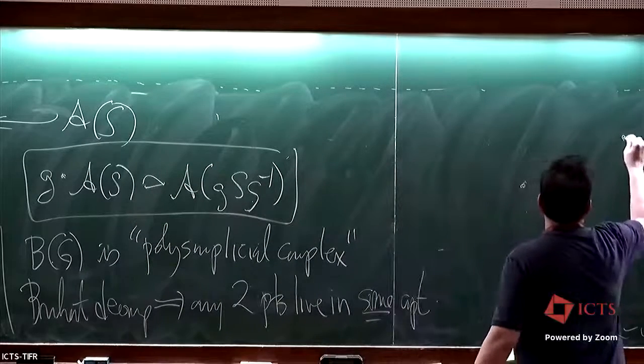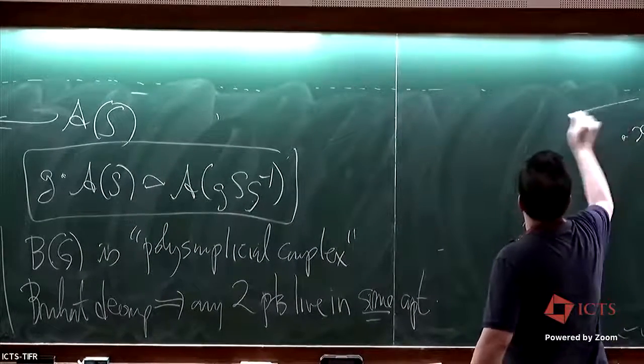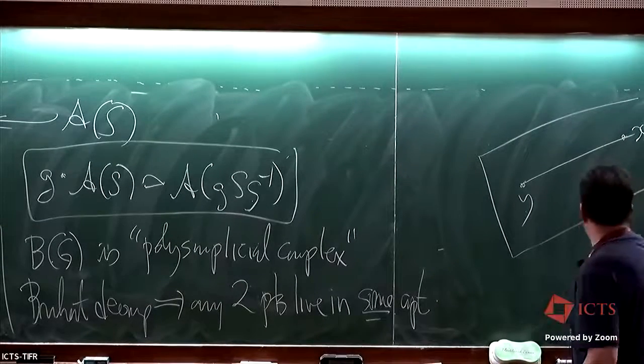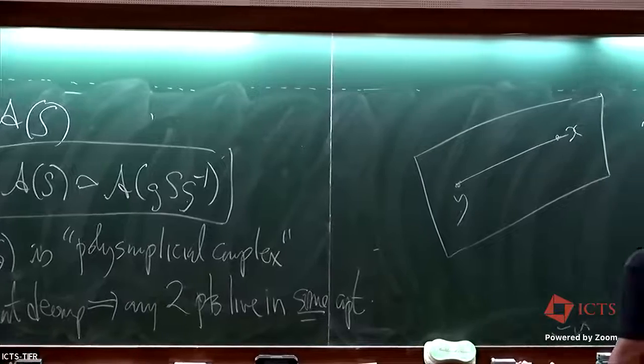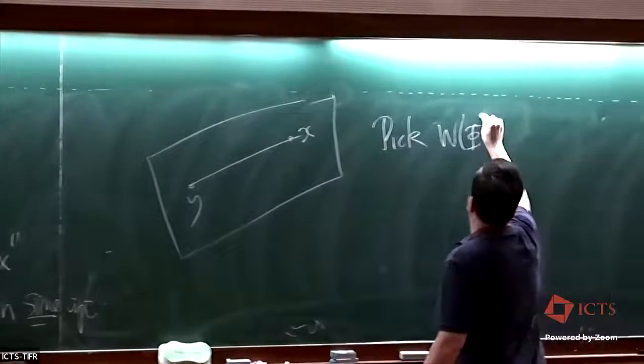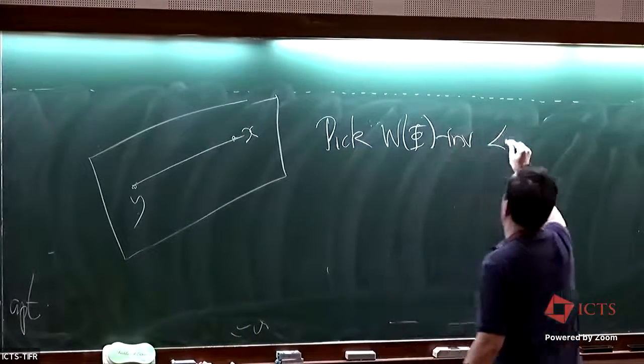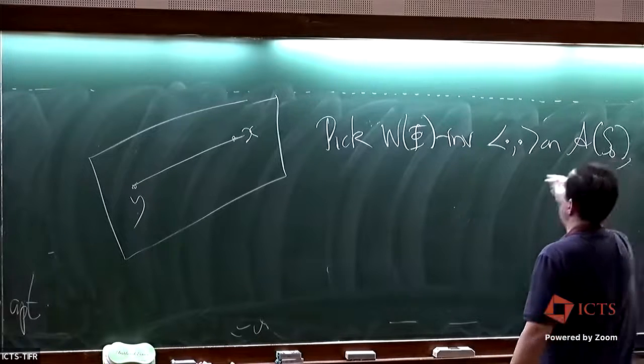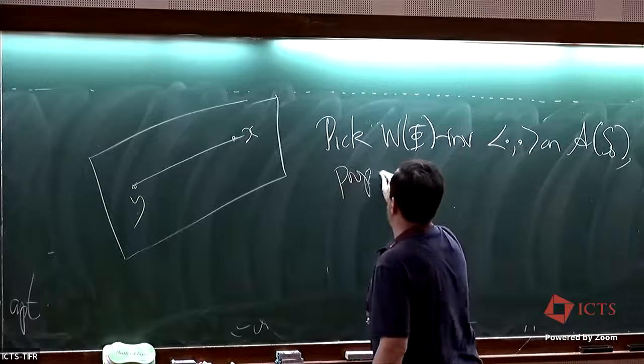So if I give you 2 points, X and Y, you find an apartment containing them. And now what you do is you can pick a Weyl-invariant inner product on one apartment and then propagate it to the others.